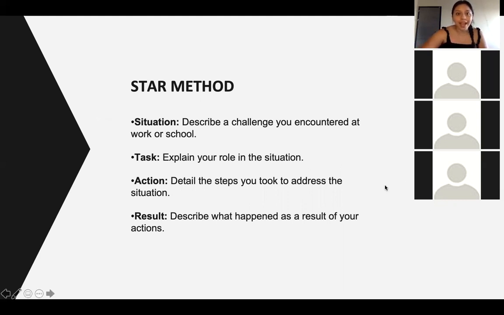And then you're going to explain what you did. So what was your role in the situation? I had to actually get a good grade in my work project with my group, but also make sure that I was not negligent, that I was not forgetting about my exams, because you need those to pass too. And then what actions did you take in order to do that?